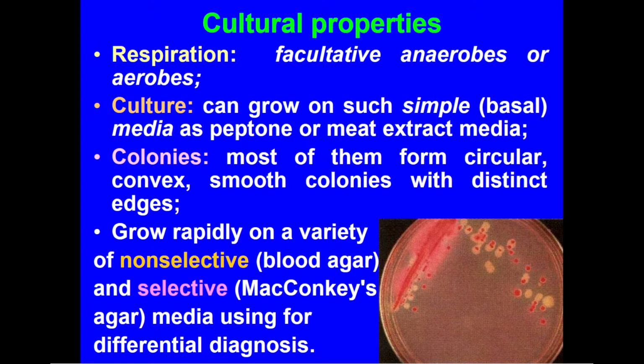Also we have an indicator and lactose, because at the same time this medium is not just selective but also differential. We would like to differentiate gram-negative bacteria that can ferment lactose, and on this medium they form bright red colonies.